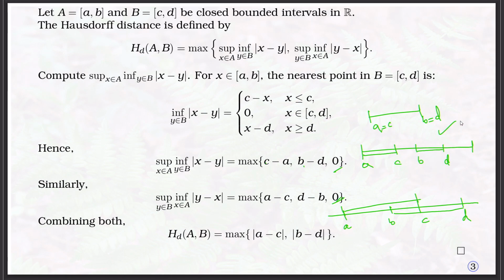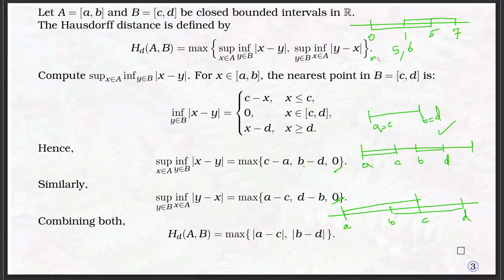Now let us find the distance between the interval 0 comma 1 and the interval 5 comma 7. For finding this, we need to find the distance from 0 to 5 and from 1 to 7. So, 0 to 5 the distance is 5 and 1 to 7 the distance is 6.